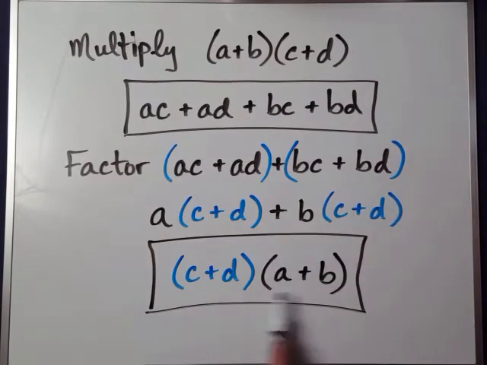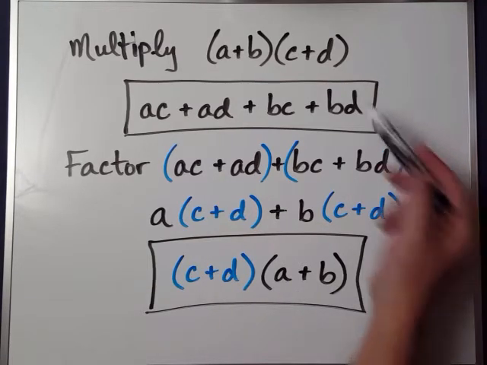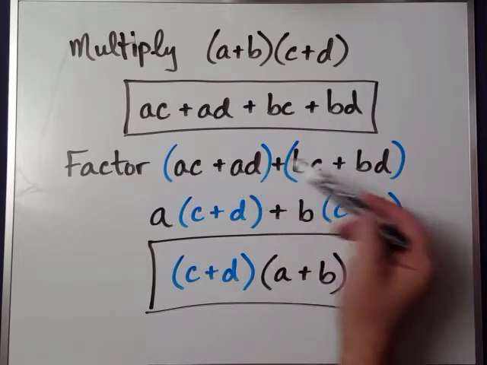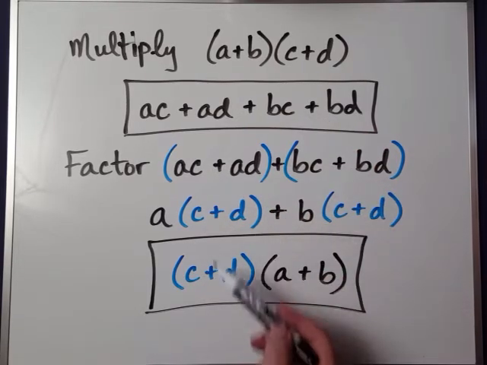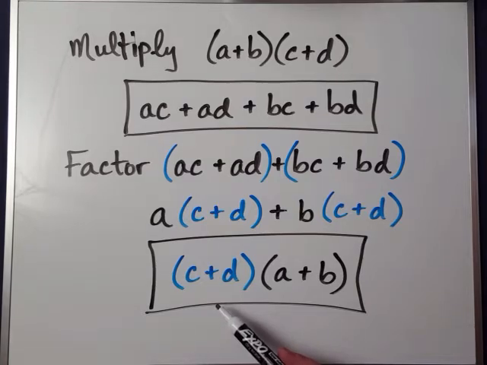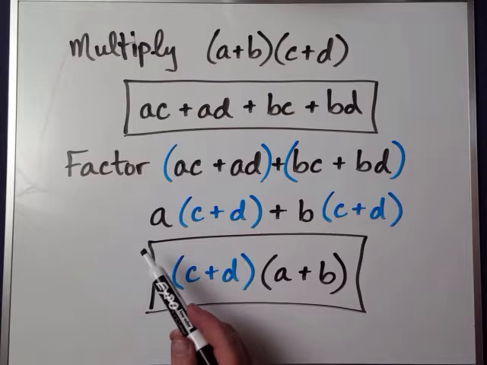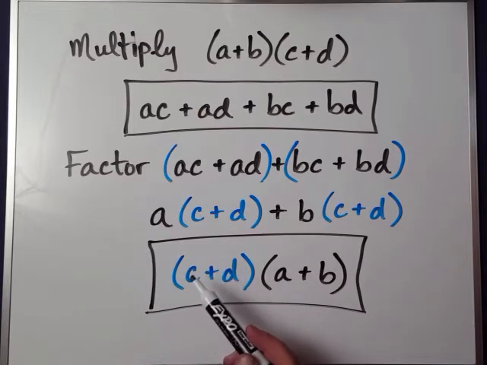Now, granted, my factors are not in the same order, but that's okay. Multiplication is commutative. So it doesn't matter what order they're in. What matters is that I can undo this multiplication by what? Undistributing, undistributing, and undistributing again. How does FOIL work? We distribute, we distribute, we distribute again. And then we discover the shortcut FOIL.